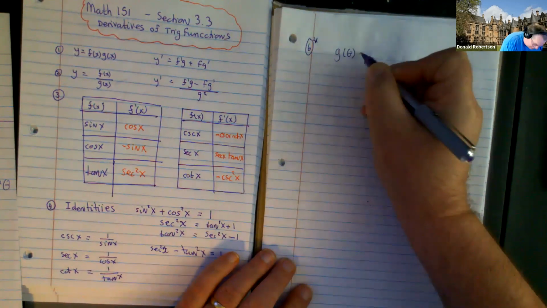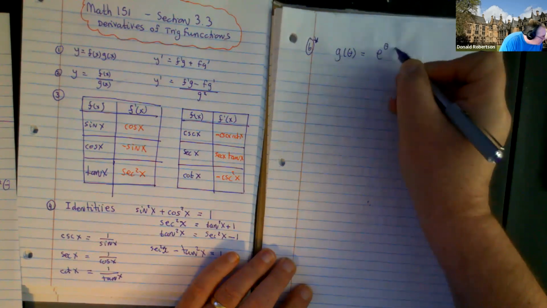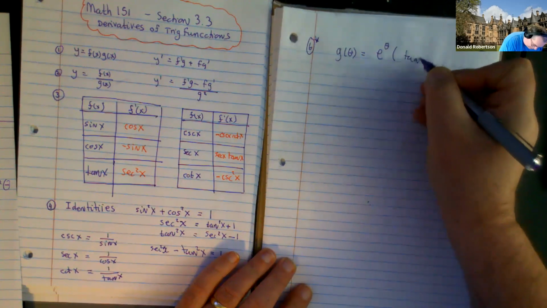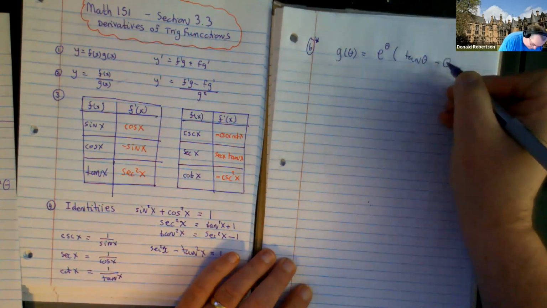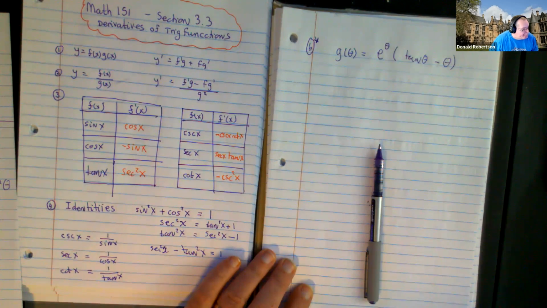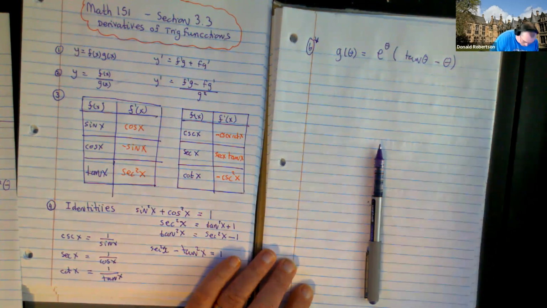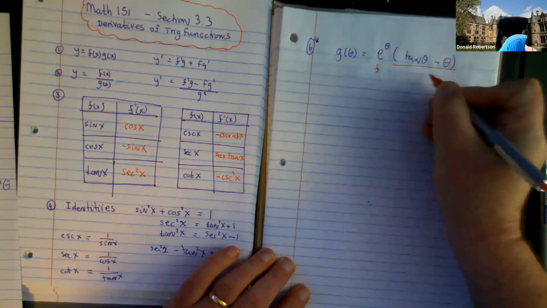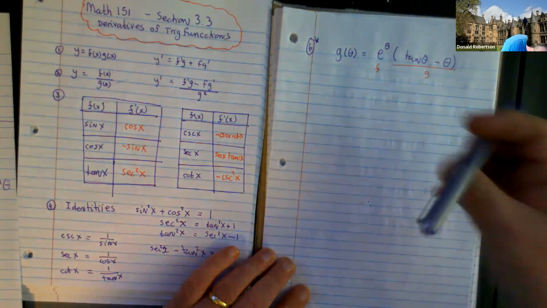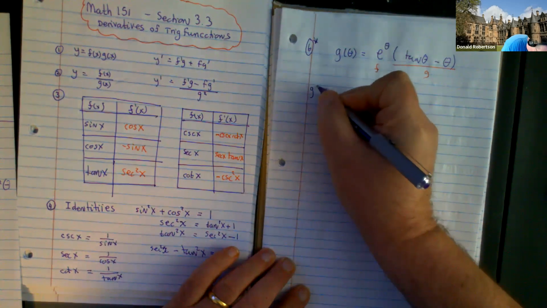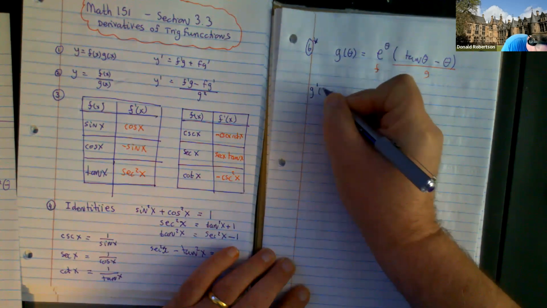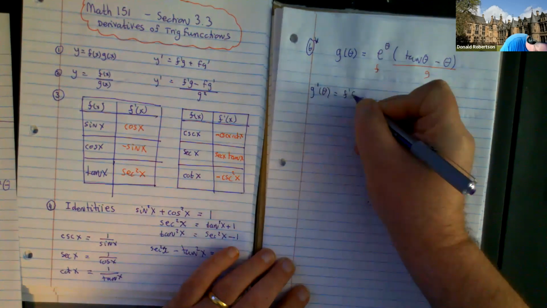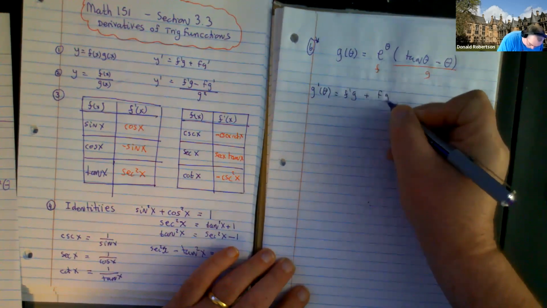And g of theta is e to the theta times tan theta take away theta. Interesting. I'm wondering if I might get something interesting out of this. That's F. This is G. So the derivative is F dash G plus F G dash, because it's obviously a product rule.